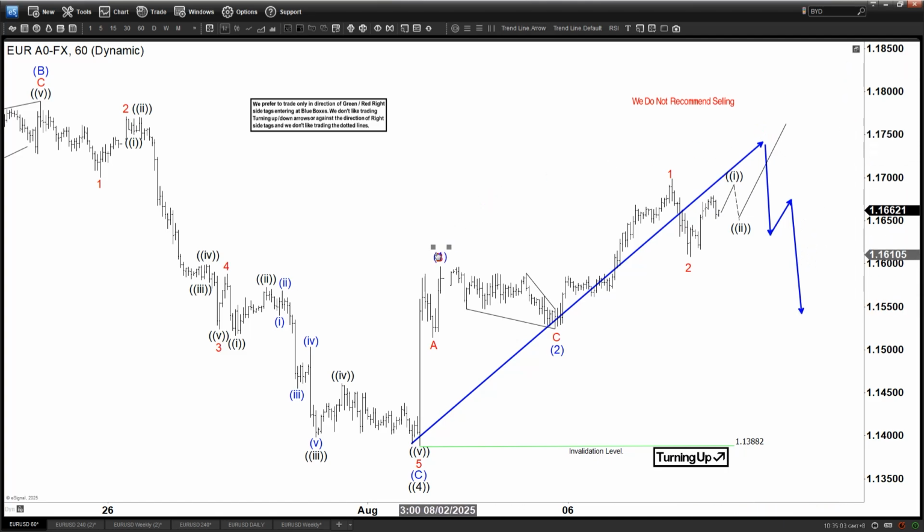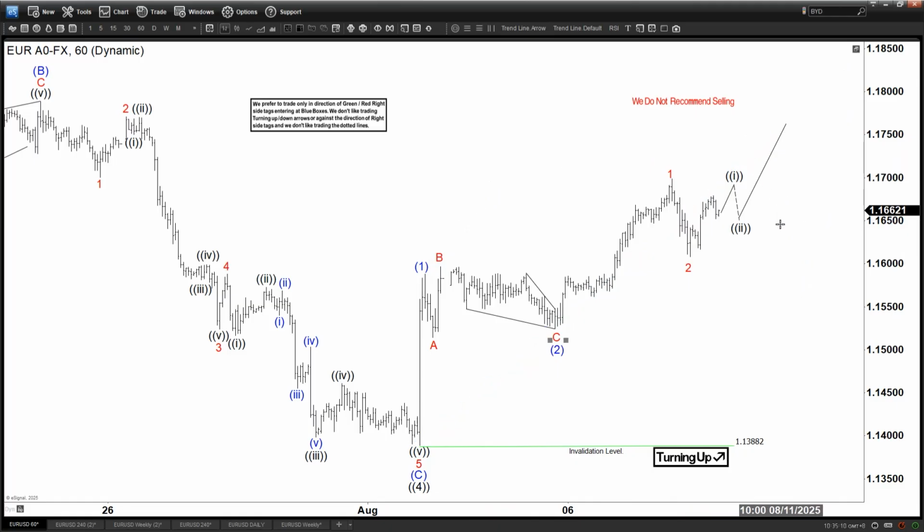So again guys, even within a bullish view, there are a couple of different ways the shorter cycle can develop, and this is something that beginners or people who don't understand Elliott Wave do not understand.